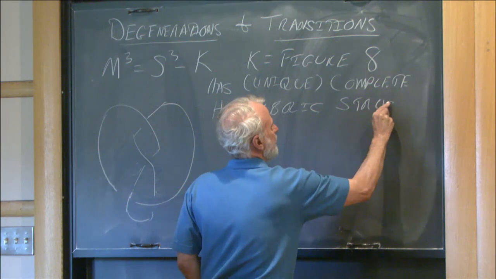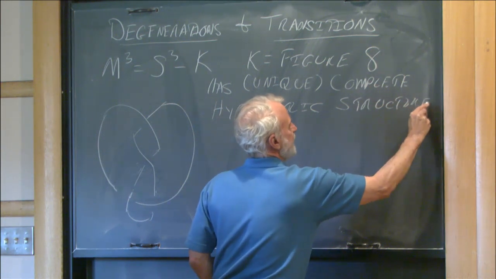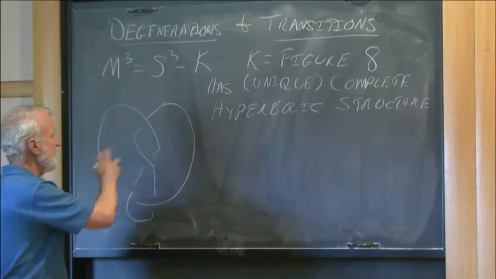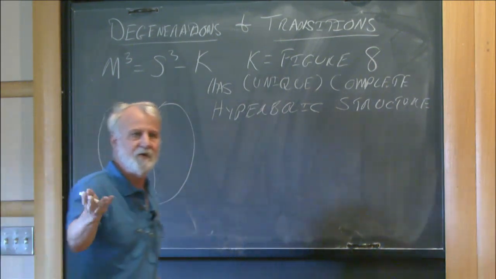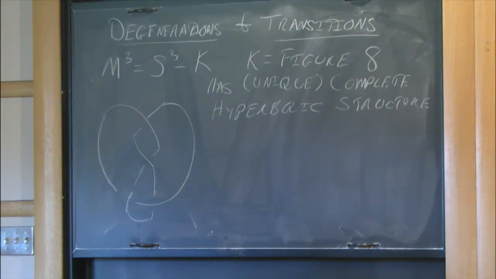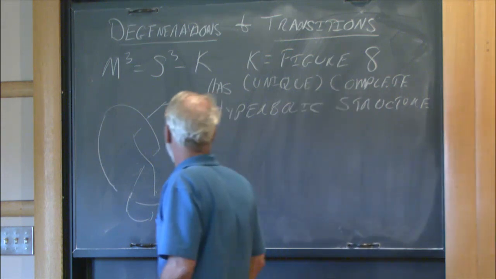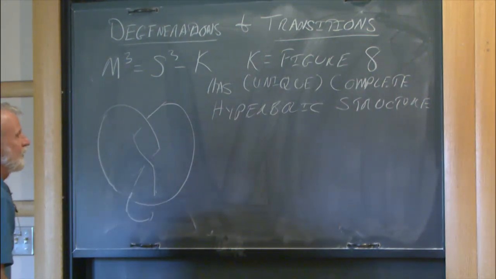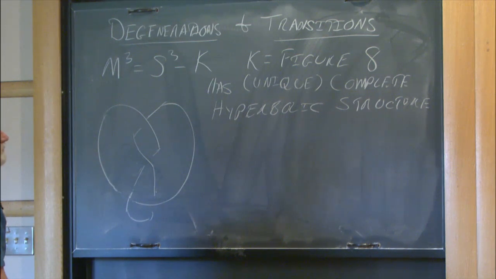By Mostow-Prasad rigidity. However, if one allows incomplete structures, there is in fact a large family of these, and this is the whole beginning of Thurston's idea of hyperbolic Dehn filling, Dehn surgery, ways of getting hyperbolic structures on Dehn filled manifolds coming from knot complements and other finite volume complete structures.